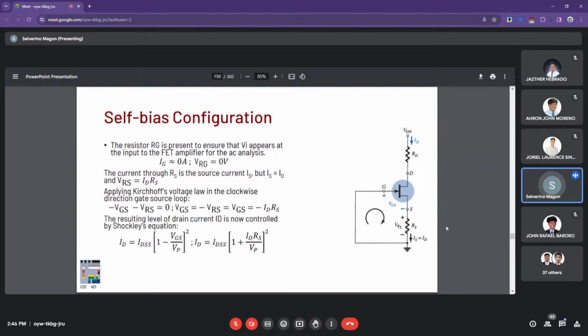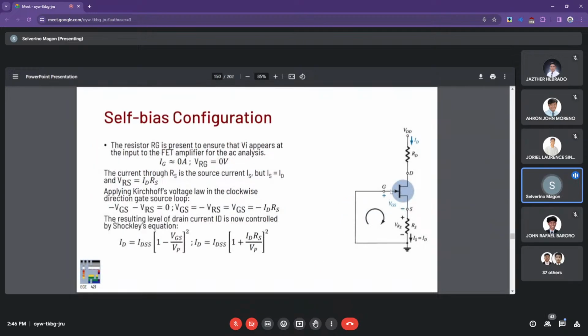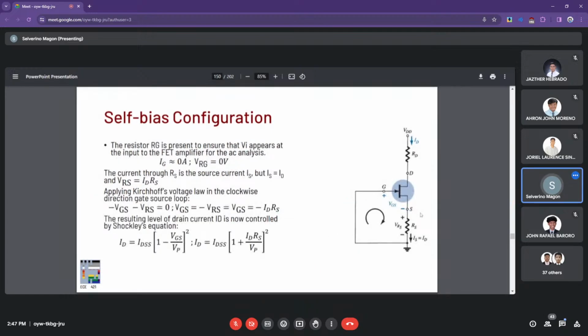Then performing KVL for the gate-source loop right here, we have VGS minus VRS. Even if we have the resistor RG, it doesn't play any part in this analysis, because the current at RG is essentially zero in this analysis.